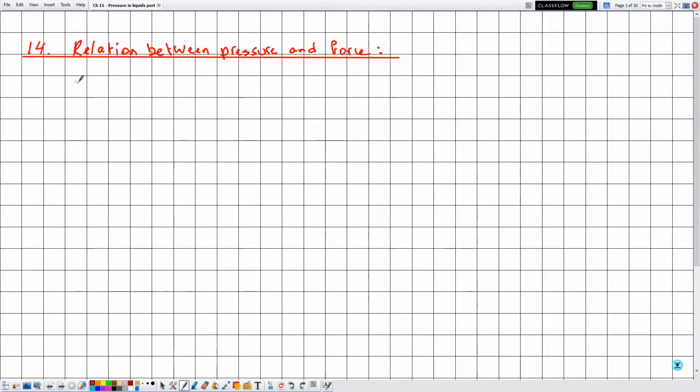Let's write down the relation between the pressure and the magnitude of the force.